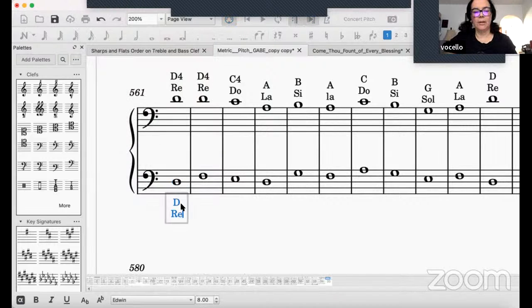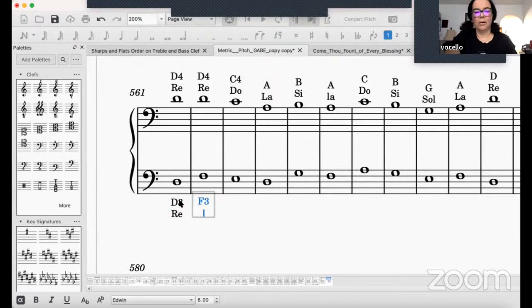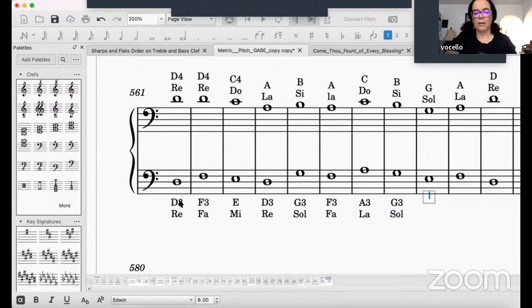That D is D3, F3 or Fá, E3 or Mi, D3 or Ré, G3 or Sol, F3 Fá, A3 Lá, G3 Sol, E3 Mi, F3 Fá, D3 Ré.